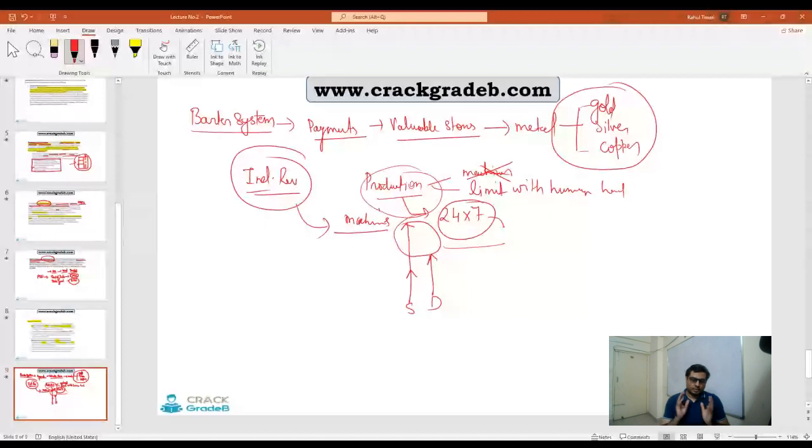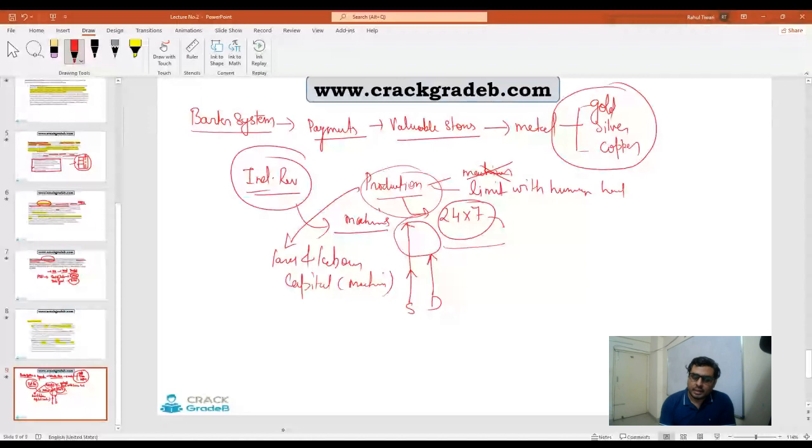But what is important for us to understand here is when production is going to increase. For production, I'm telling you again and again, before the industrial revolution what did you need? Land and labor. But now capital in terms of machines is also there.